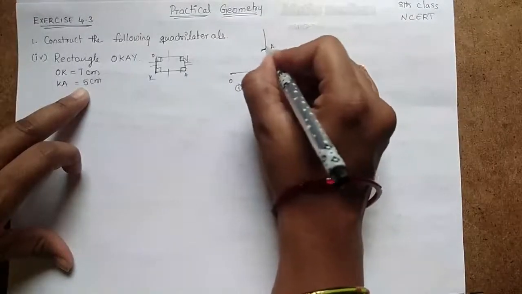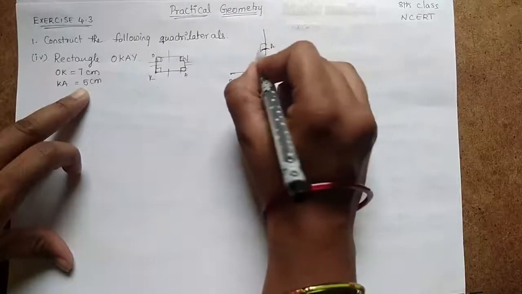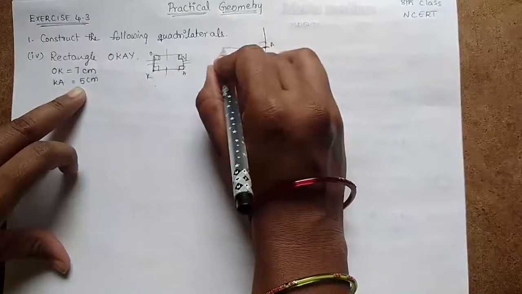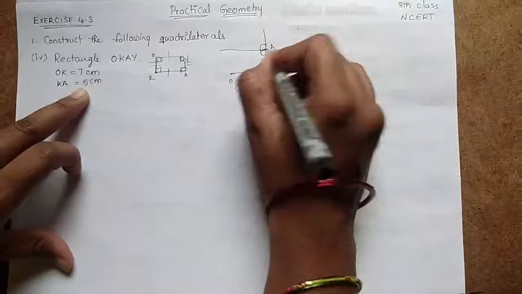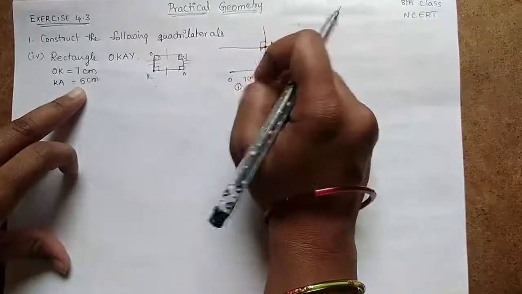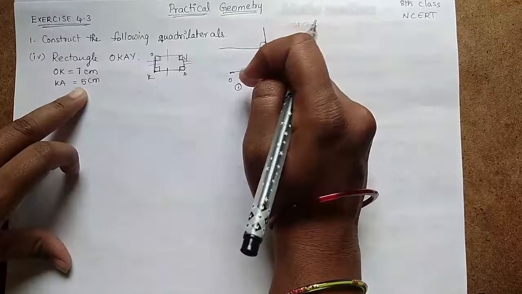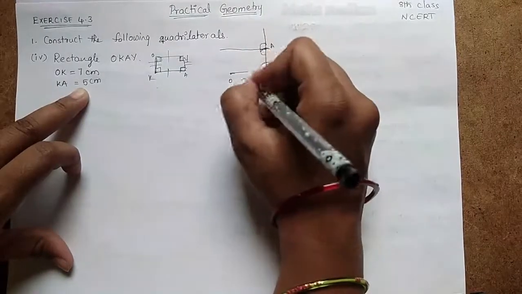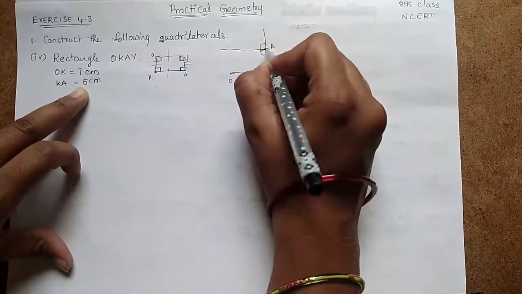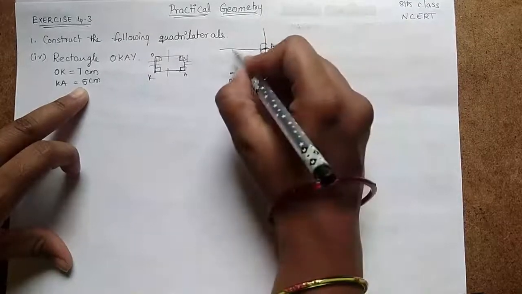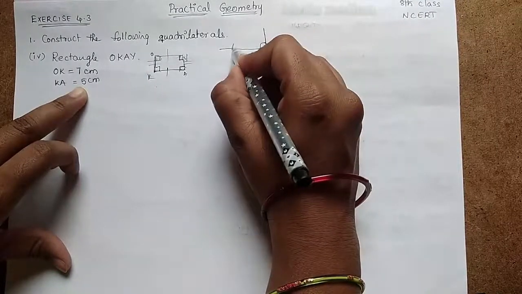Now from A, put a protractor. Again we have to measure 90 degrees straight. We don't know the length here, but in a rectangle opposite sides are equal, so take 7 centimeters with the compass and make an arc.